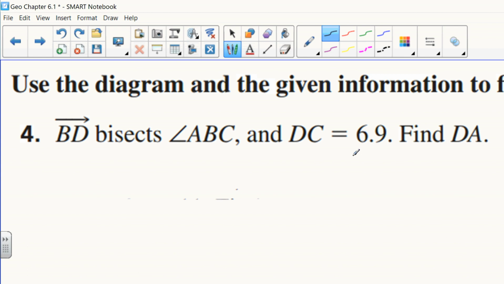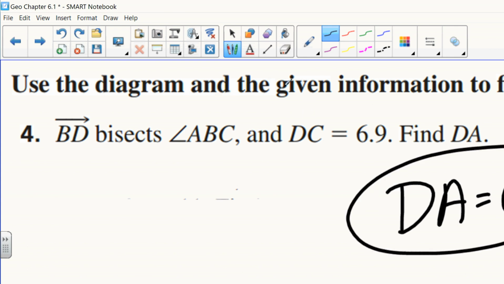Now it also tells us that the length of DC is 6.9. Guys, what can we say about AD or DA? So the length of DA is 6.9. And that's it. Questions on this here?